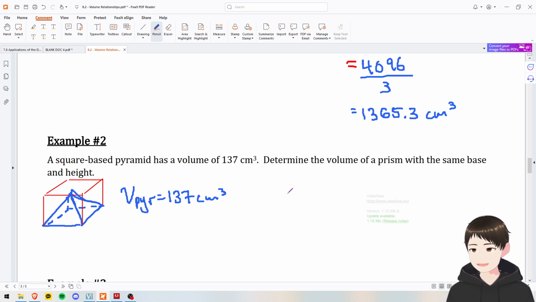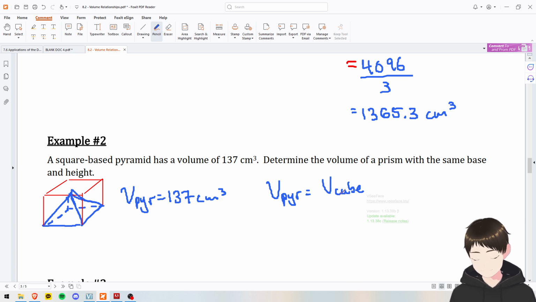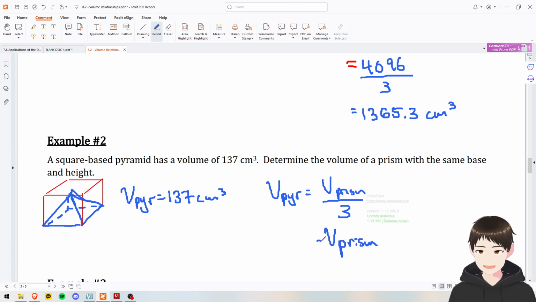However, remember that the volume of the pyramid is the volume of the cube or the prism divided by 3. So in that sense, we can argue algebraically the volume of the prism is going to be 3 times the volume of the pyramid, right?